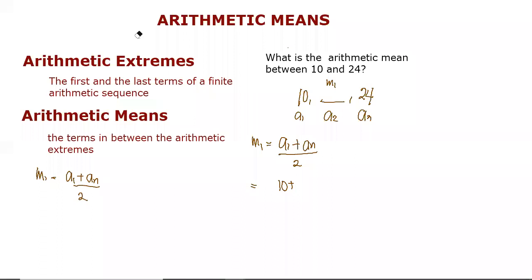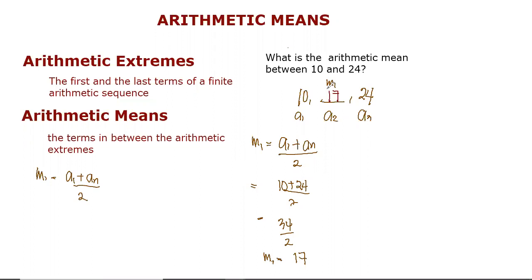Okay, 10 plus 24 over 2. So 10 plus 24 is 34 over 2. So your mean or the first mean is equal to 34 divided by 2 is 17. Okay, so the value of our arithmetic mean or the average mean is 17.